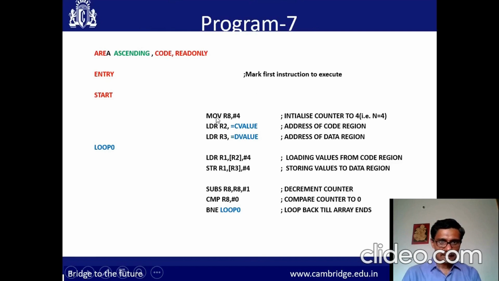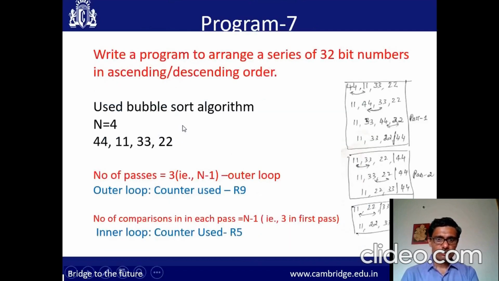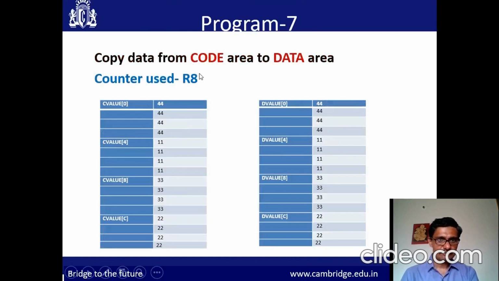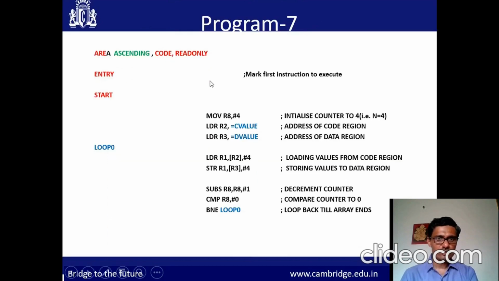As I said, this complete part is copying data from code area to data area. What is the counter used here? The counter used is R8. What is the value of this counter? It should be 4. R8 is initialized with 4 here. The 4 is copied into R8 using the move instruction.